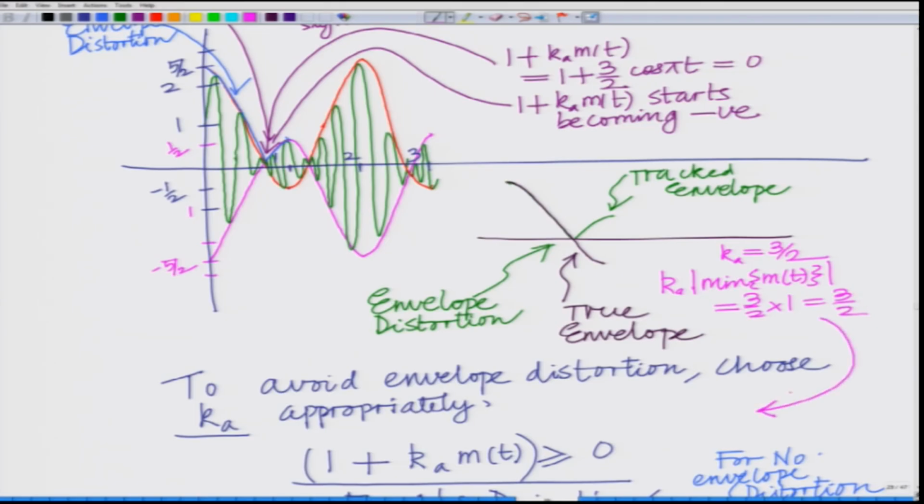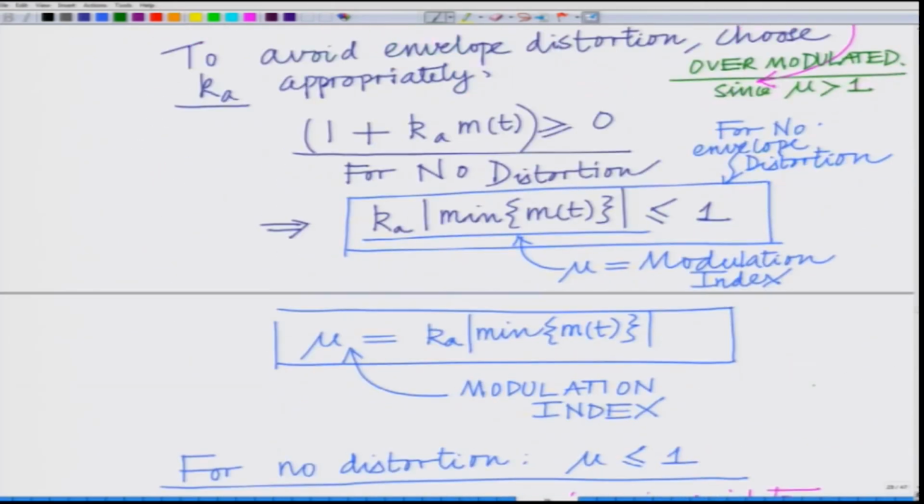So, the modulation index is greater than 1, therefore this is over modulated, since the modulation index mu is greater than 1. Alright. So, we have seen two scenarios with a message signal cosine pi t, where the magnitude of the minimum of mt is 1.